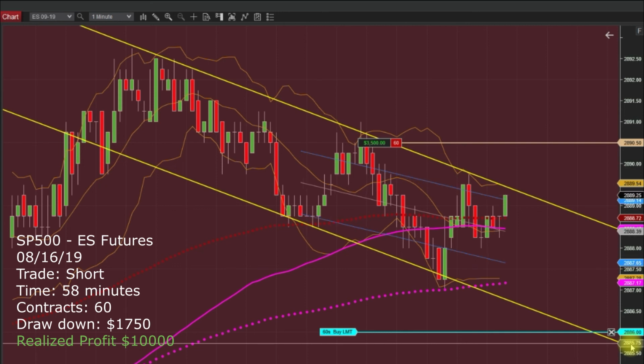And now it's luring bulls to jump into the long side to move up and break through the channel to the upside. But I still do believe that there's a downside move here in this red resistance zone. Therefore, we continue to wait patiently with our short.